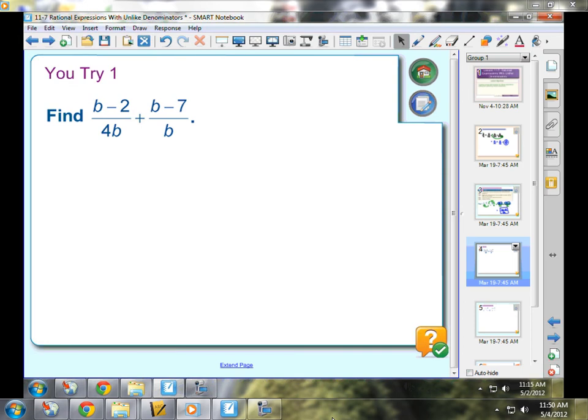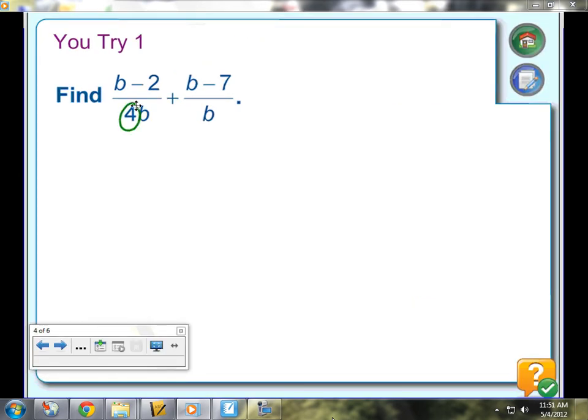You'll notice on the denominator that we are missing the 4 from the right side. So we're going to multiply that 4 through both the top and bottom of the right fraction. We'll get b minus 2 over 4b plus, let's distribute that 4.